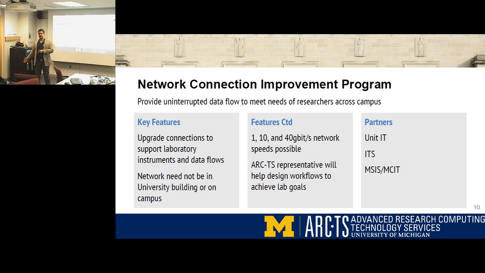We can basically get a larger network connection, and we pay for it, into your lab to be able to get that data off the instrument and out into the world to other researchers or to replicated, professionally managed storage, instead of stacking it up on USB drives in your office. So we work with pretty much all the network providers on campus, so Unit IT, ITS, MSIS, MCIT, or now HITS. So pretty much whoever owns your network, they do the build out, we pay for it.